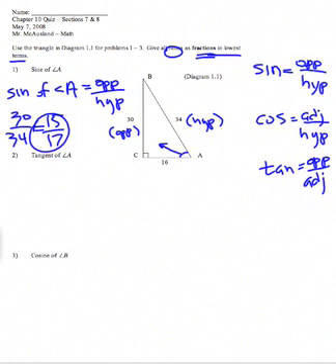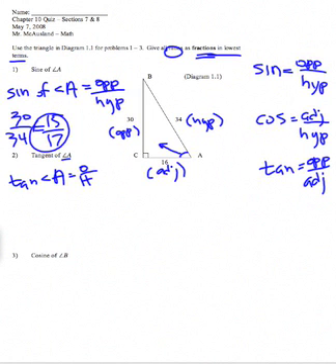Now the tangent, again looking at the fact that it is of angle A, so my tangent is the opposite, which I've already notated, and my adjacent, which is the third side that we have, adjacent meaning next to. So if I want the tangent of angle A, it's going to equal the opposite over the adjacent.